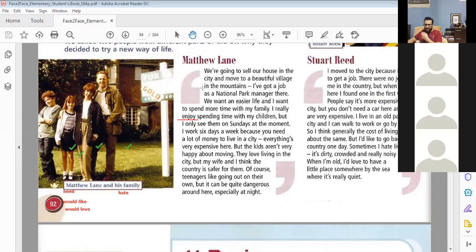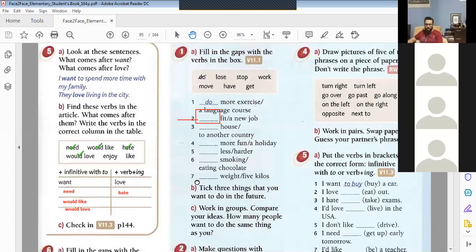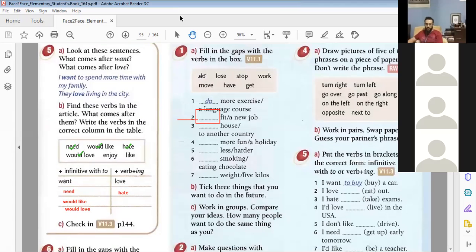Oh yeah, I really enjoy spending the time with my children. What did we use after enjoy? Verb with ing. Right. Verb and ing. Correct. So we use verb plus ing. So we should put enjoy with love and hate, right?